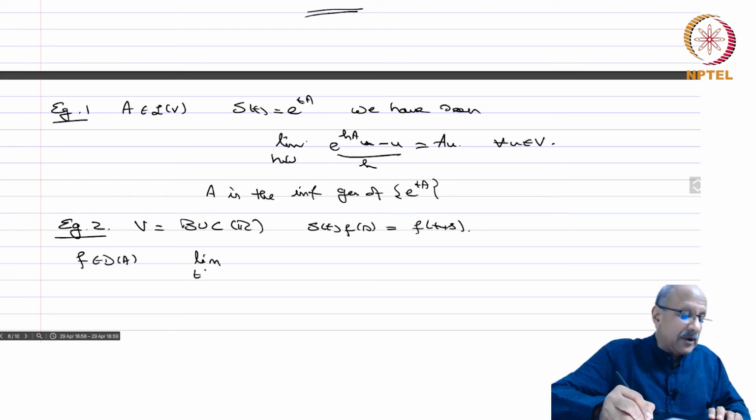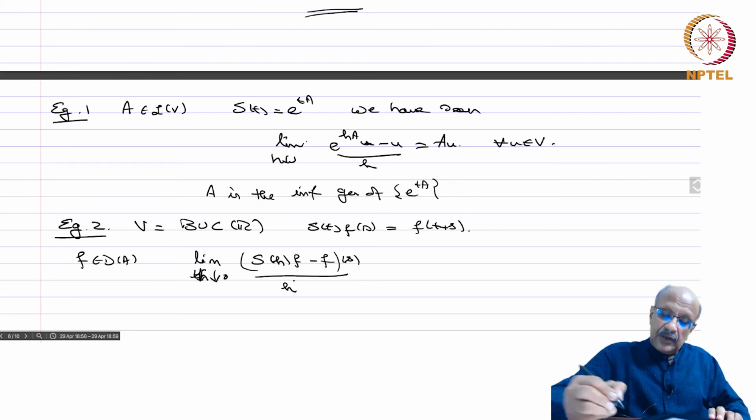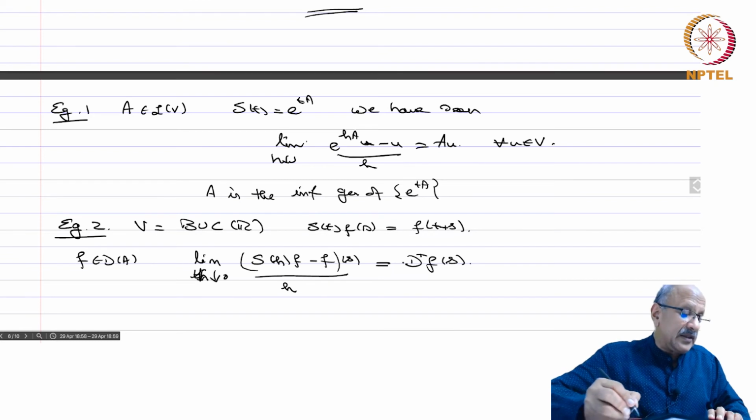That means the limit as h goes to 0 of (S(h)f minus f) at s by h should exist, and we know if the limit exists, this is d plus f of s, the one sided derivative.